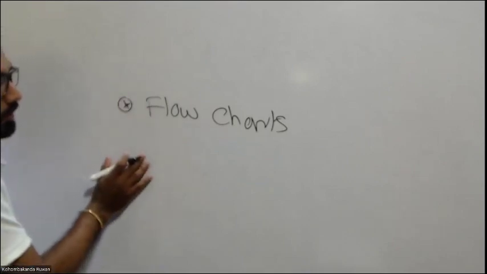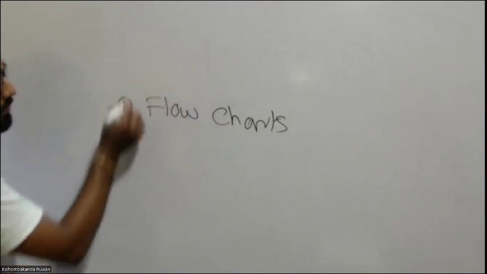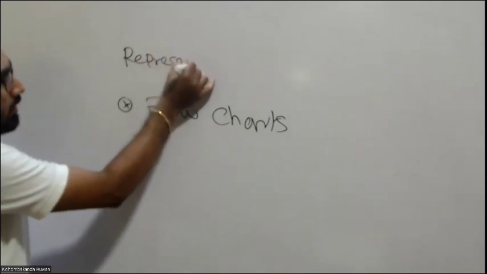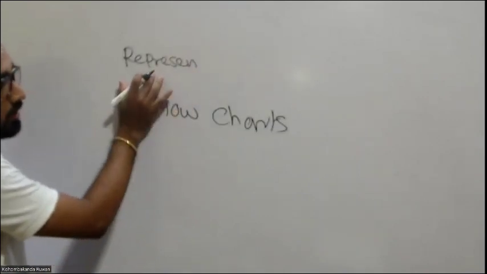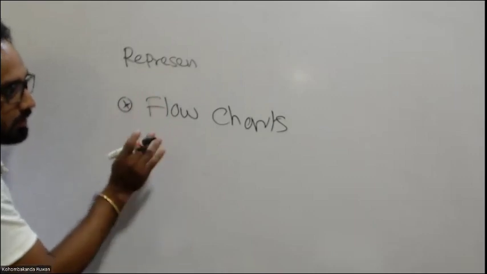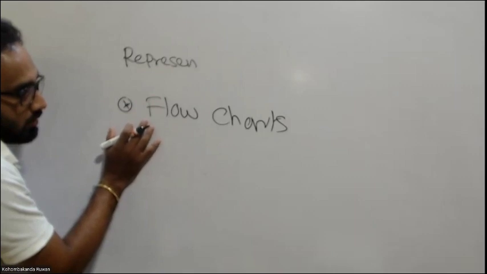The topic today is representations of an algorithm. It is better if you can write these things down. Those are included in your slide, but it is better if you write them.